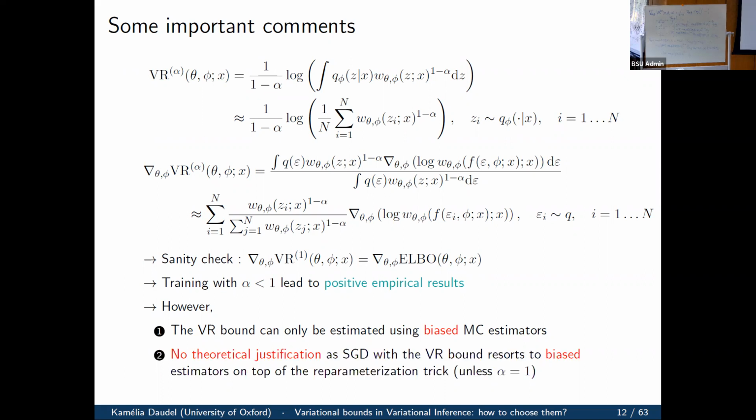Then there's a second problem, which I think is a bit more worrying, which is in the approximation that is given here of the gradient of the variational Rényi bound. Because this is the ratio of two integrals, this is also biased, meaning that unlike the case of the evidence lower bound, where you were doing unbiased stochastic gradient descent, here you're working with biased estimators.